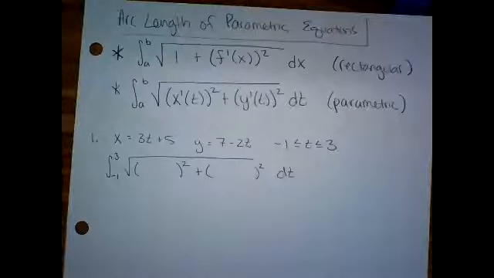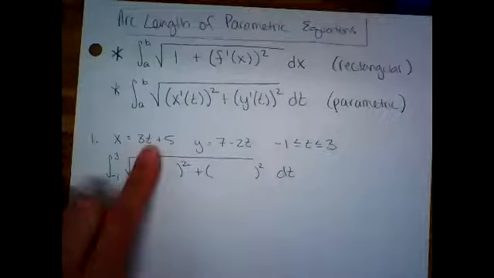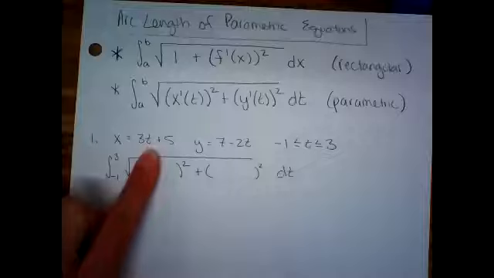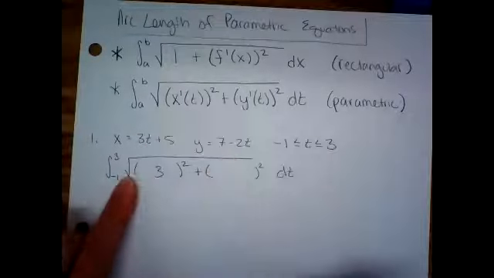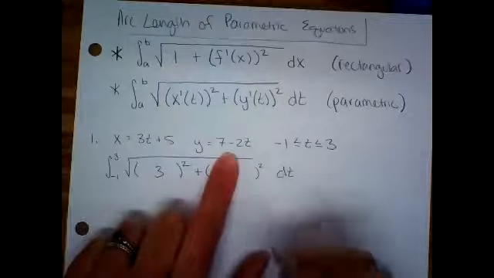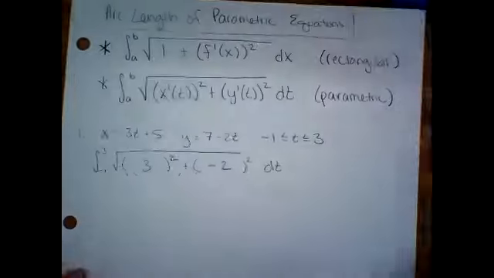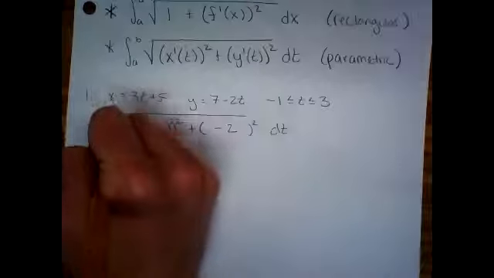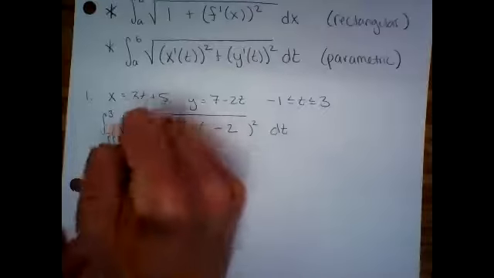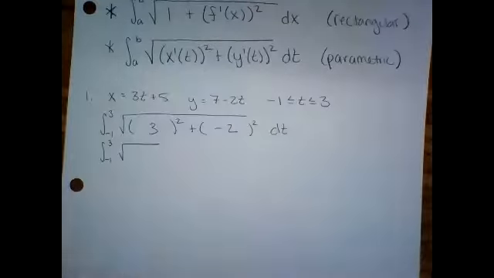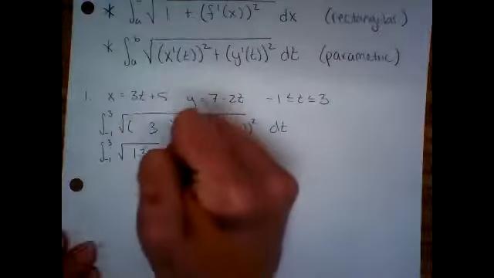So the derivatives are what go inside of there. What is our derivative for x? I'm starting you off with an easy one, all right? 3, and then derivative of y, -2. All right, so let's see what that's going to give us. Integral from -1 to 3. What do we have under there? 3 squared would be 9, -2 squared would be 4, so 9 plus 4, 13.